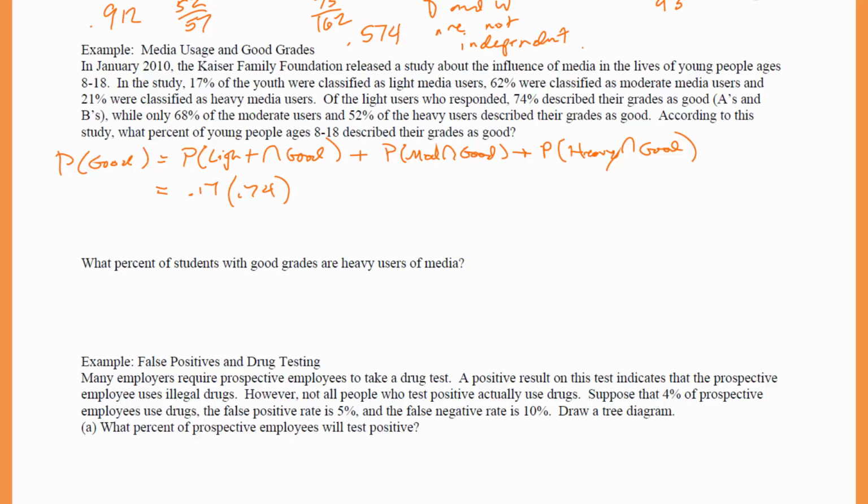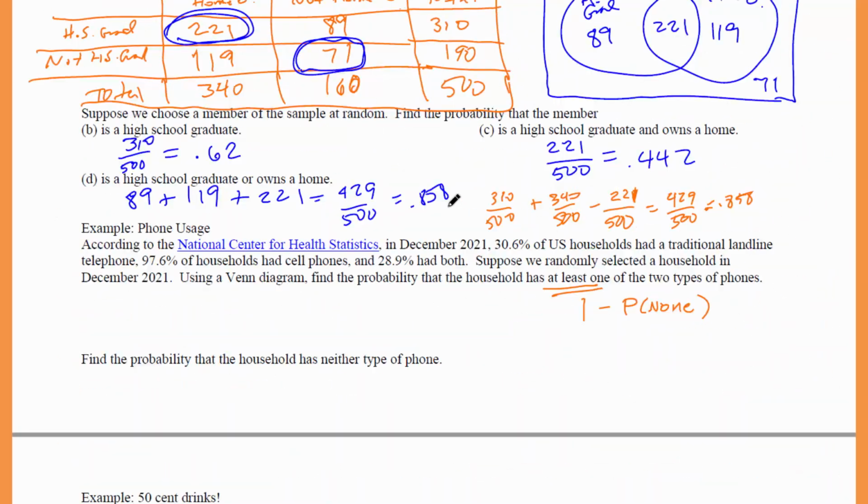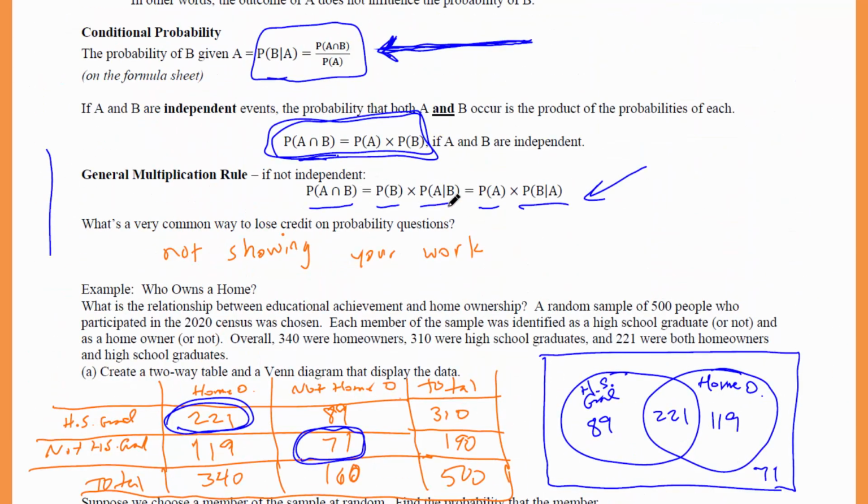So this is an application of the general multiplication rule. If I want the probability of both A and B happening, I can get it by multiplying the probability of one of them times the probability of the other given the first one happening.